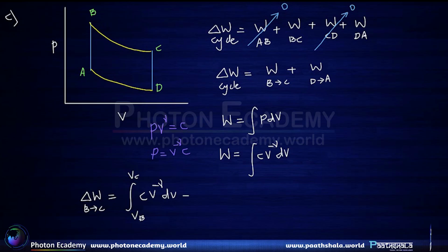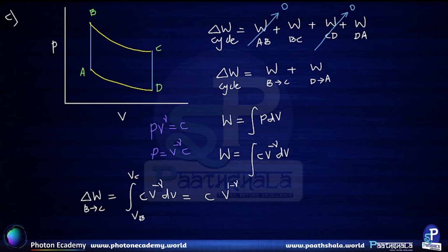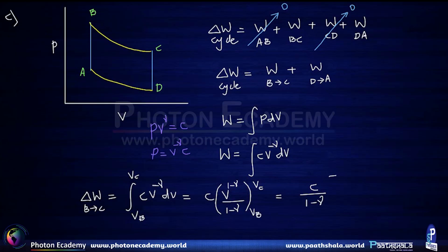So this is going to be C V power 1 minus gamma by 1 minus gamma with the limits VB and VC. This is going to be equal to C by 1 minus gamma into Vc power 1 minus gamma minus Vb power 1 minus gamma.